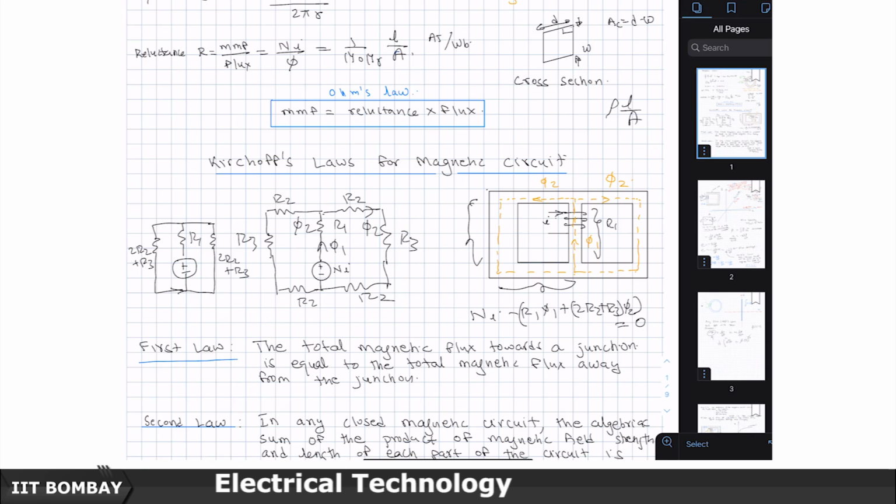So, you can very quickly, using the same set of reasoning, come to the conclusion that just like in a series circuit the resistances are added, the reluctances will be added in a series circuit, and just like when resistances are in parallel, the reciprocals of the resistances are added to get the reciprocal of the net resistance, similarly, if the reluctances are in parallel, then the reciprocals of the reluctances will be added to get the reciprocal of the net reluctance.